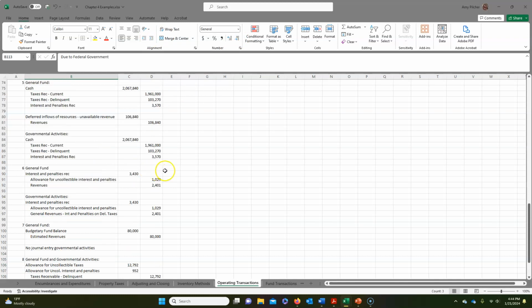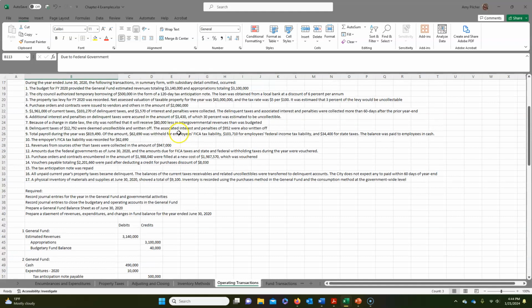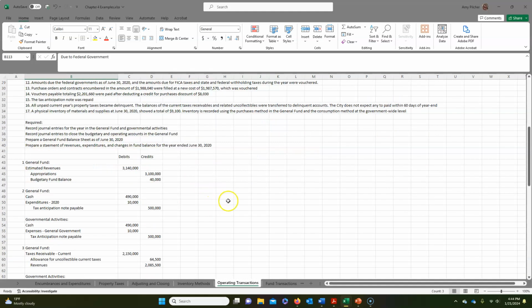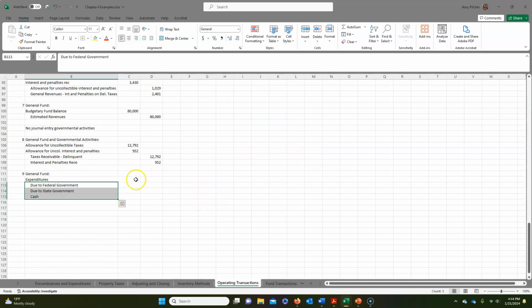Okay, so we have that the total amount of wages was $819,490. So we have 819,490. And then what we have to pay the federal government was $166,400. And to the state, $34,400.